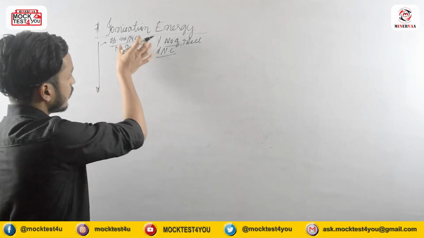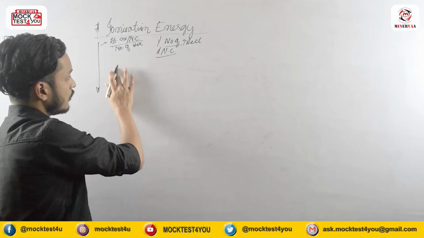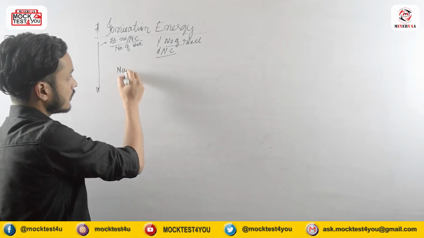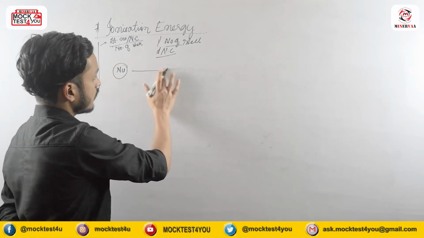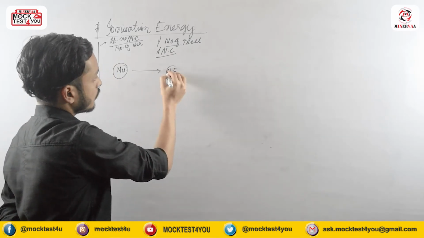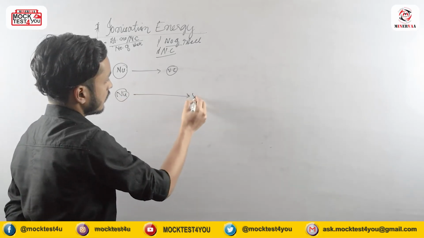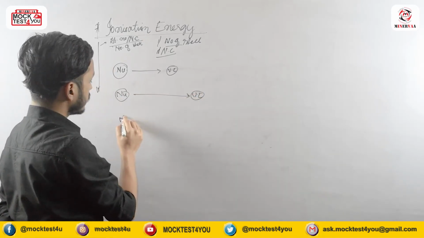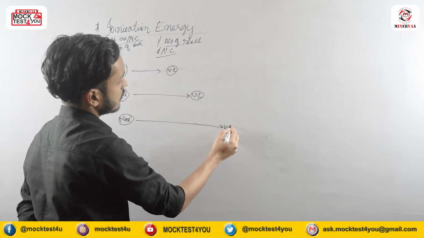So as you can see, when we are moving down the group, the distance between the nucleus and the valence electron was increasing, right? As you can see here, the distance between the nucleus and the valence electron is increasing, right?